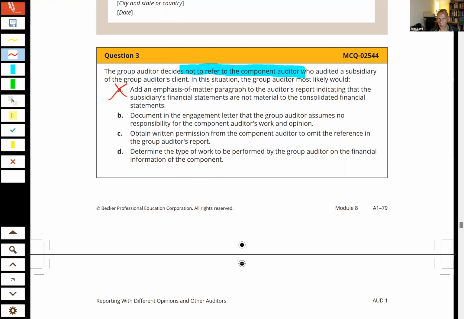Okay. Good point. And then finally, we had a listing of reasons to add the emphasis of matter paragraph, and this was not one of them. Emphasis of matter is something that's disclosed in the entity's financial statements, right?